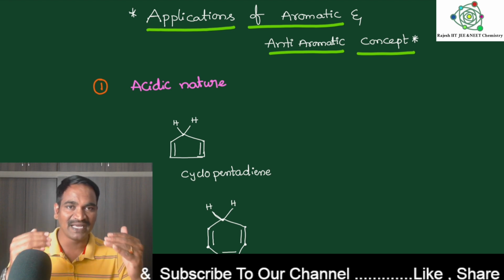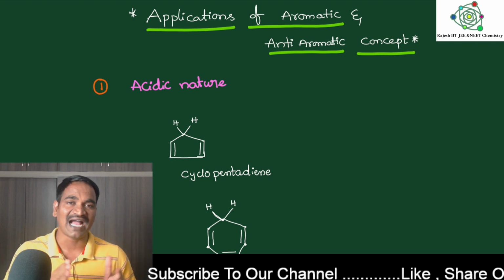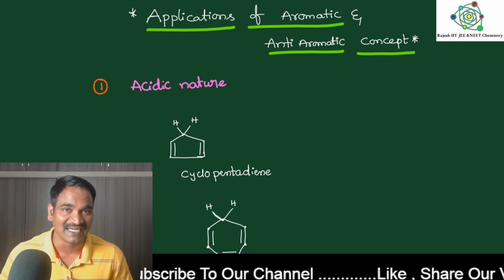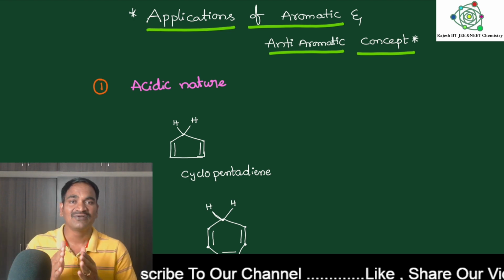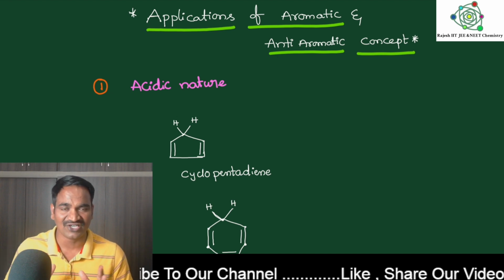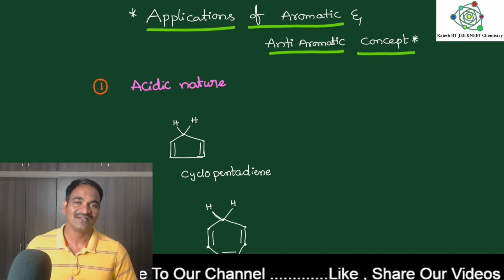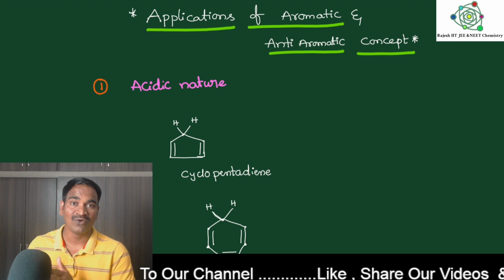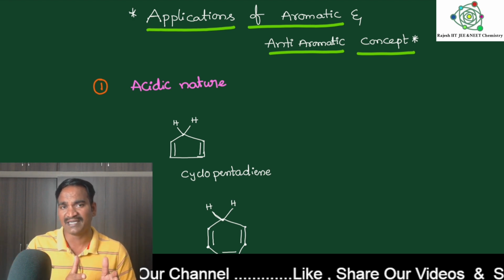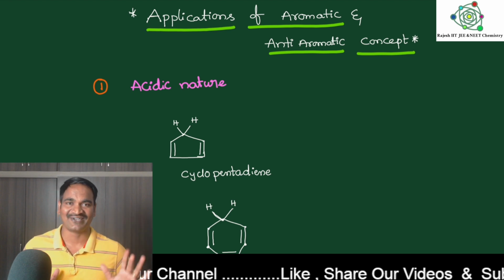So these are the basic rules you need to keep in mind while studying aromatic and anti-aromatic compounds. How can we distinguish? Means the pi electrons. The cyclic structure, planar structure, and conjugation are all the same. Okay. So aromatic means it should have 4n plus 2 pi electrons. Anti-aromatic means 4n pi electrons.